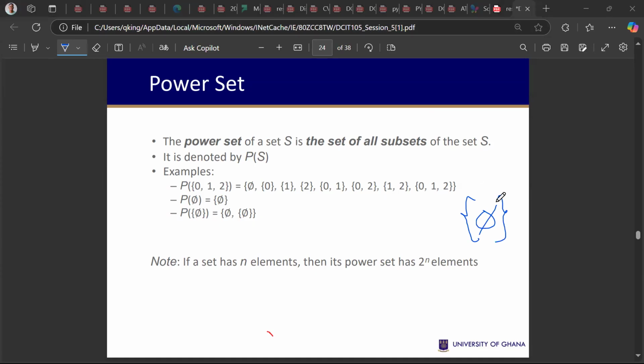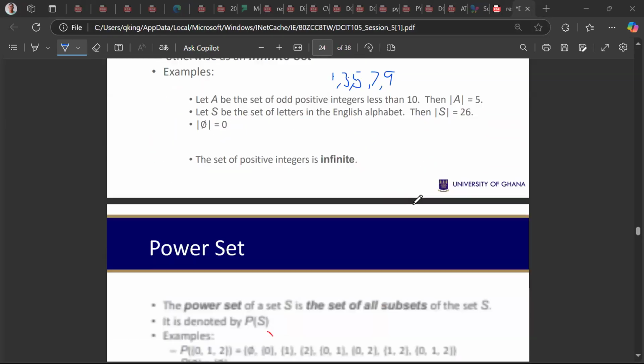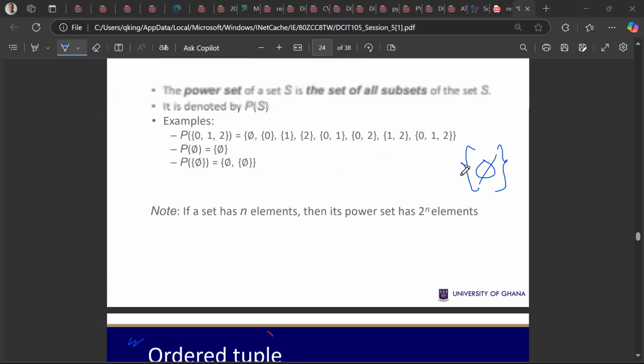Yes, it's 1, exactly. Why is it 1? Because it contains just an element. So yes, we've answered this question.